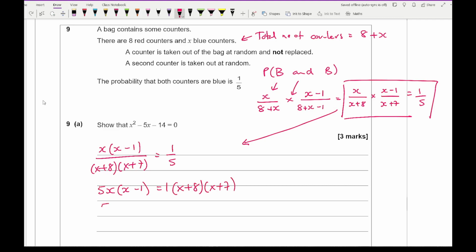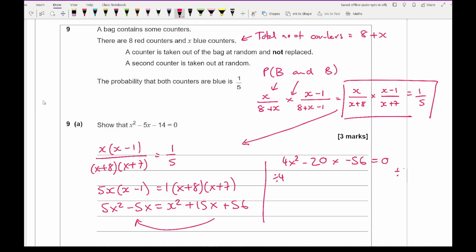Then expanding the brackets out, I get 5x squared minus 5x equals x squared plus 15x plus 56. And then if I take everything onto one side, I'm going to end up with 4x squared minus 20x minus 56 equals 0, and then divide everything by 4, in which case I get x squared minus 5x minus 14 equals 0, which is what they wanted me to show.